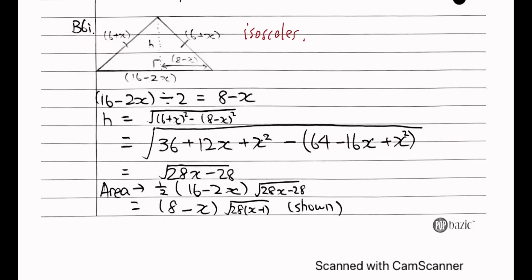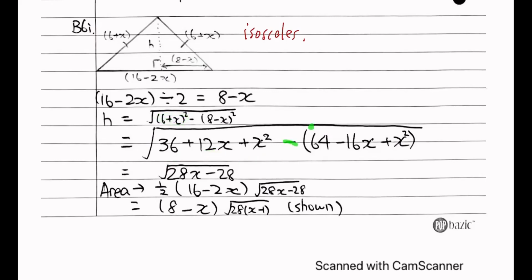So then let's take a look. Part 1, show that A cm squared, the area of the triangle, is given by A equals (8 minus x) times square root of (28x minus 1). Okay, let's take a look at what you did. 16 minus x divided by 2, you get 8 minus x, correct? That's the base here. h equals, just use Pythagoras theorem. So (6 plus x) squared minus (8 minus x) squared, take a square root. Expand the (6 plus x) squared, you get 36 plus 2 times 6 times x, which is 12x, plus x squared, good.